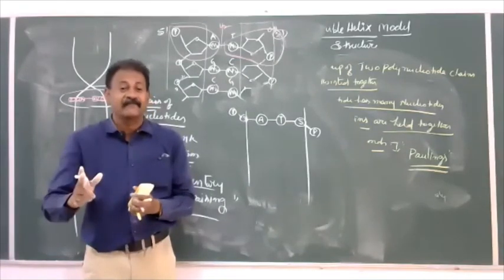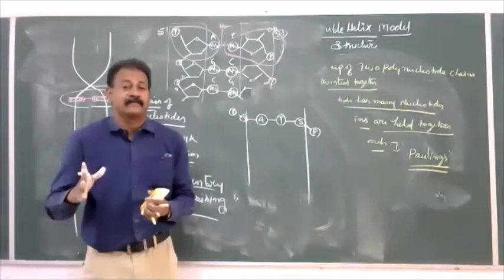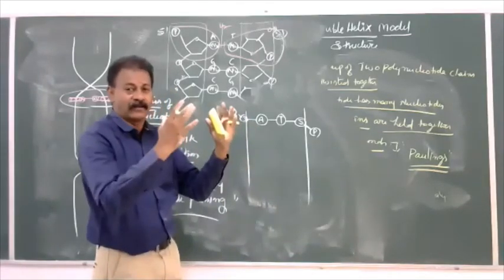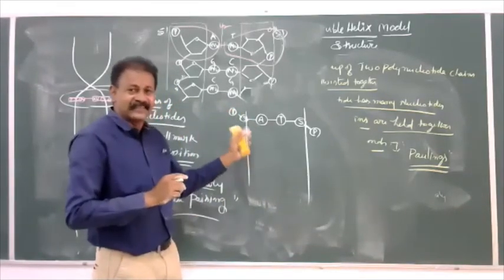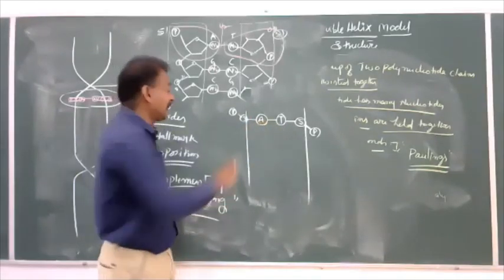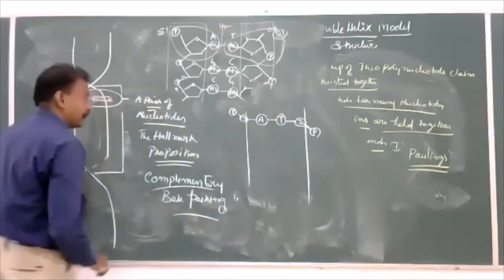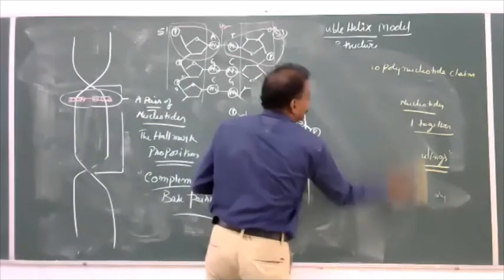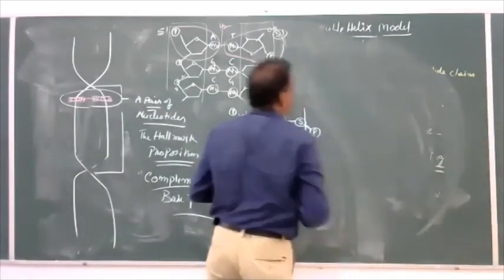So Chargaff has given a clear picture, the basic understanding of how to create a model of DNA. So always A bonds with T, T bonds with A. So A and T are called complementary base pairs, or in the DNA double helix, base complementation exists.